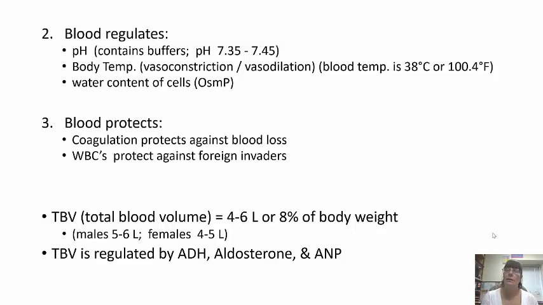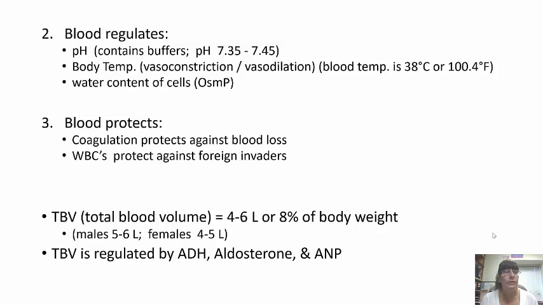Or on the other hand, if it gets a little low and we're going into acidosis, we can also regulate that. We're going to talk more about acidosis and alkalosis later on. Body temperature, vasoconstriction, and vasodilation. Blood temperature is about 38 degrees Celsius, which is about 100.4 degrees Fahrenheit. And it's also going to help regulate the water content of the cells.